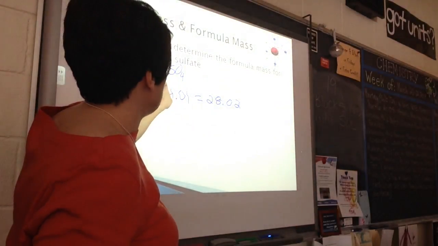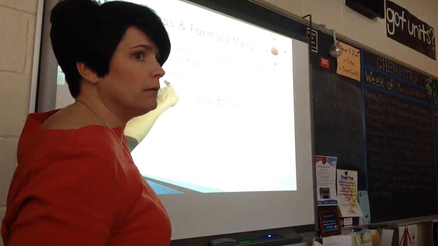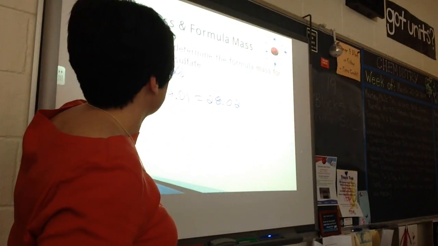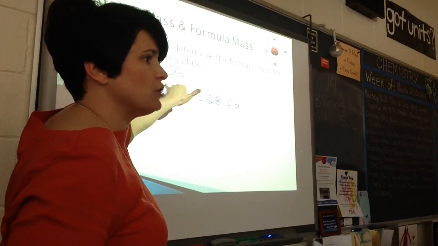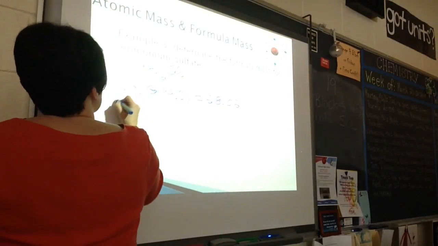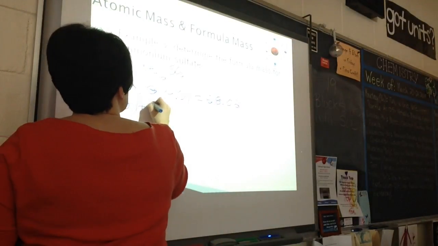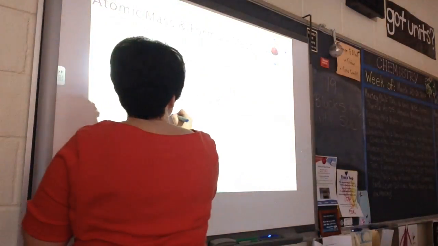Because I've got 2 H4s. Look at it. I've got 2 of everything in there. So I have H4 times 2, which is like H8, which is 8. Yes? Okay? So I have 8 hydrogens. Stamper, what's our hydrogen? 1.01. Good.